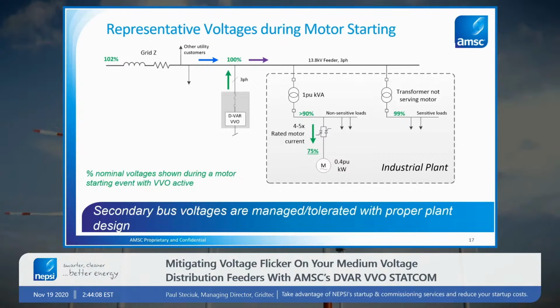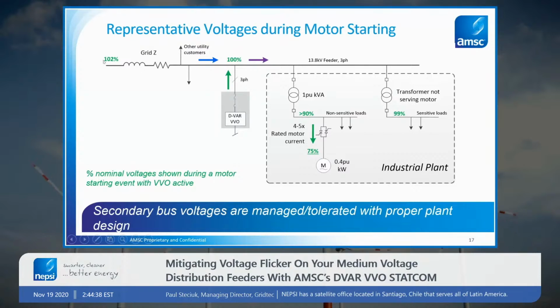This is showing a case of a soft started motor. The secondary bus voltage would be above 90%, and that is typically managed at the time the plant was architected and designed. With a medium voltage STATCOM applied near the load, that will typically maintain right around 1 per unit voltage as the motor is starting.